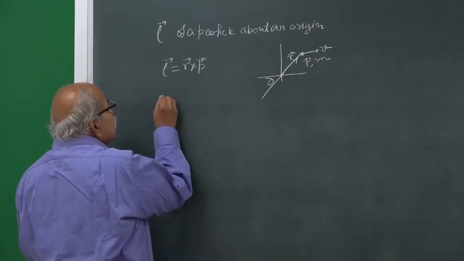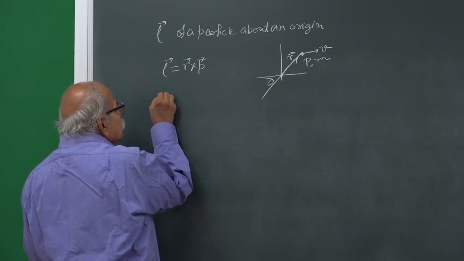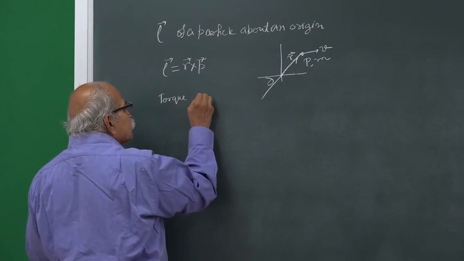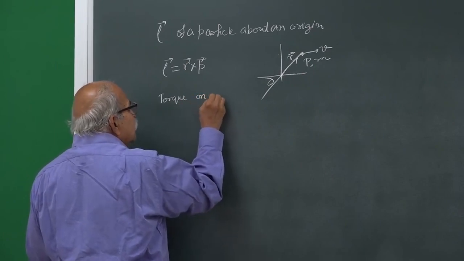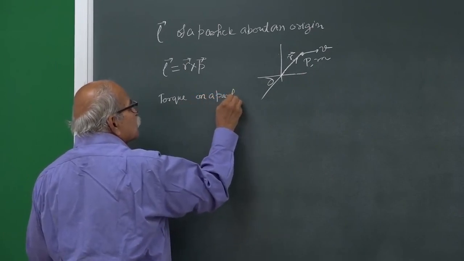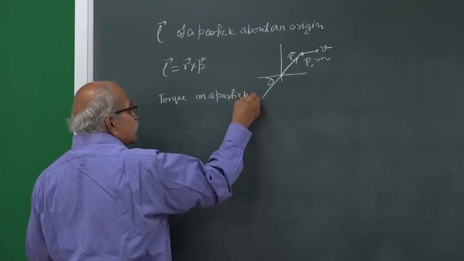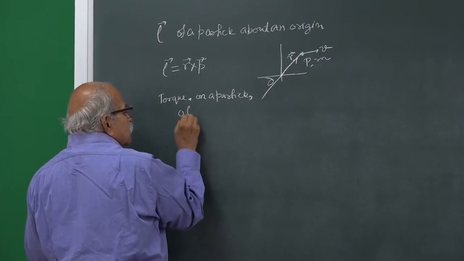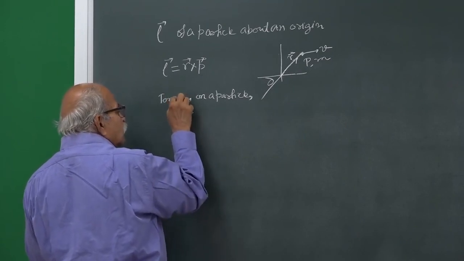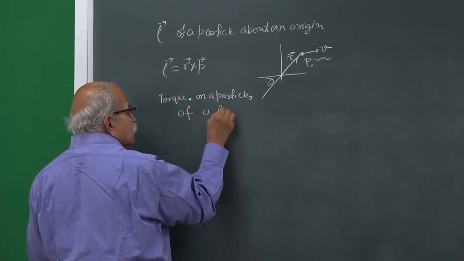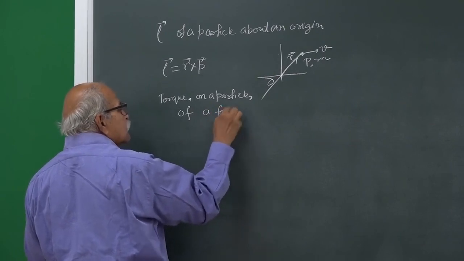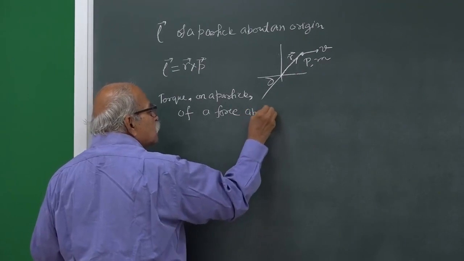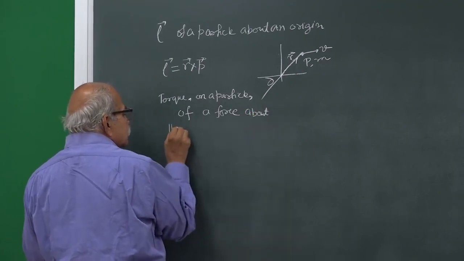And then similarly we define torque. This also on a particle. So, these adjectives are important. We call it torque of a force, and force is acting on some particle, and once again about the origin.